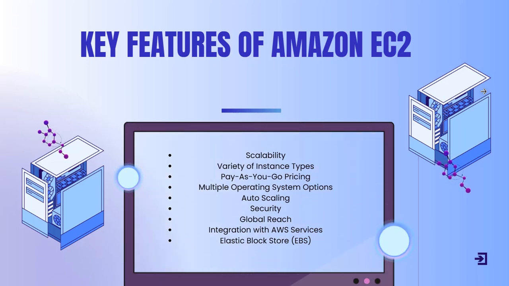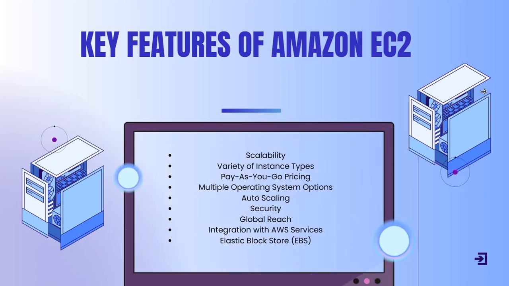The next feature is that AWS provides a variety of instance types to suit different needs. For example, there is a general purpose instance type, there are compute heavy, memory heavy, and storage heavy instances.